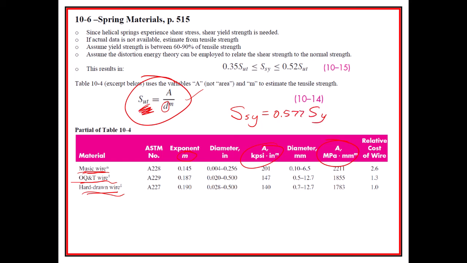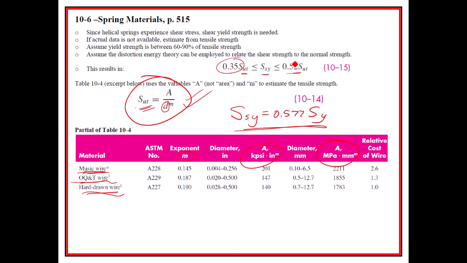But this is the ultimate strength, right? So that's not necessarily, this is something that we knew empirically to be true. This is something we knew from first principles to be true. But we want to actually relate the ultimate strength to this right here.